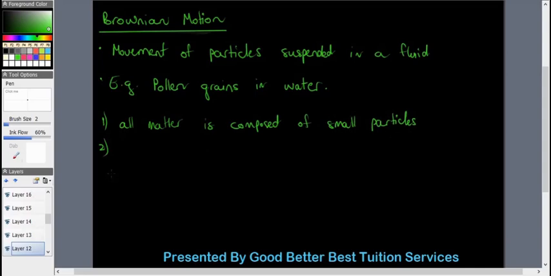We can also say, using this experiment, that the particles are in constant motion.